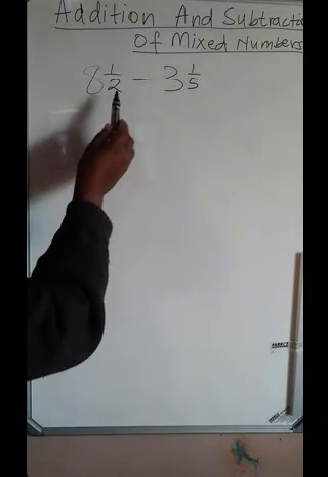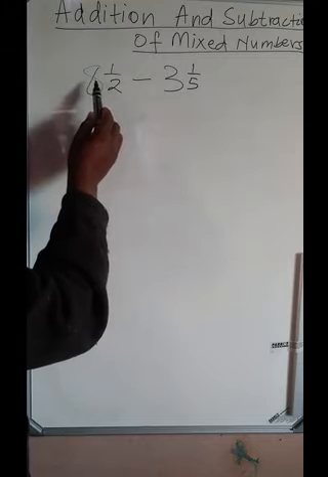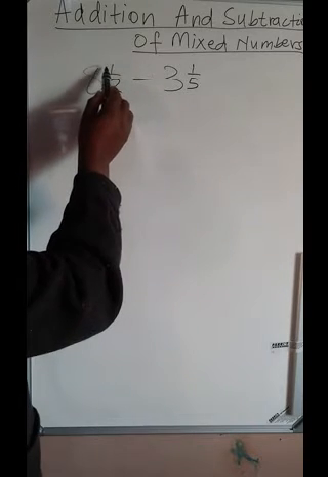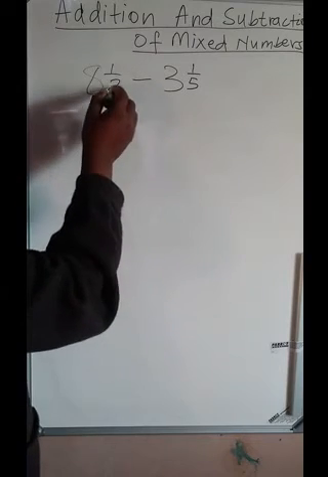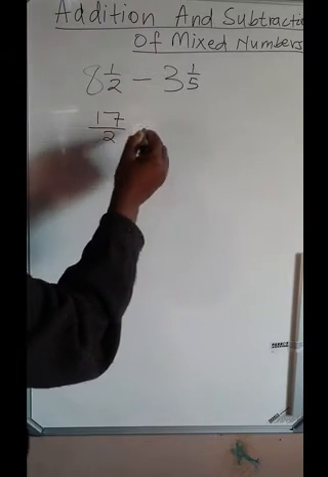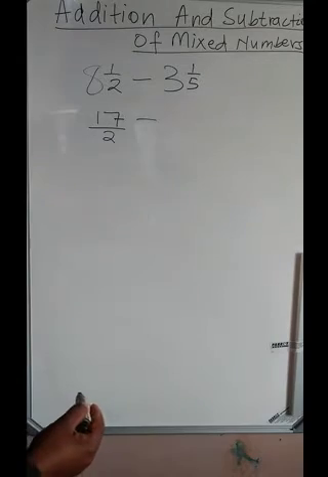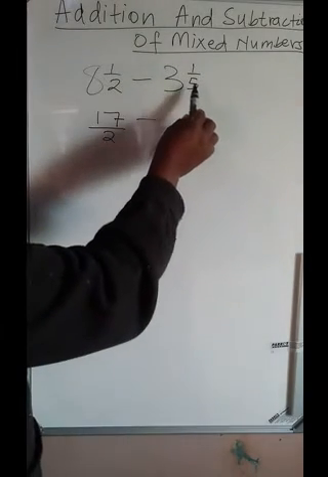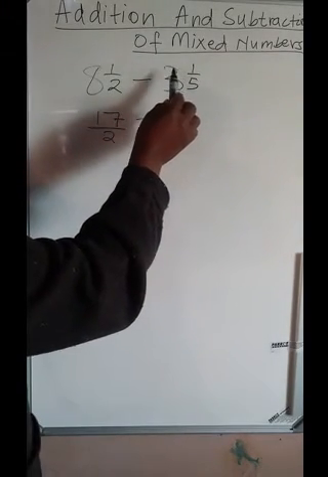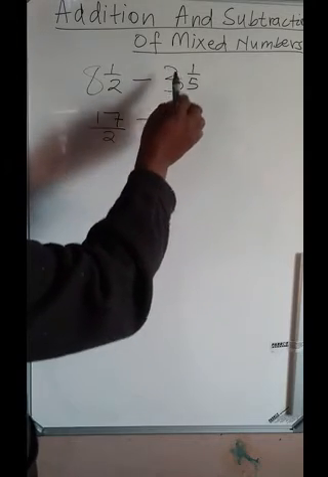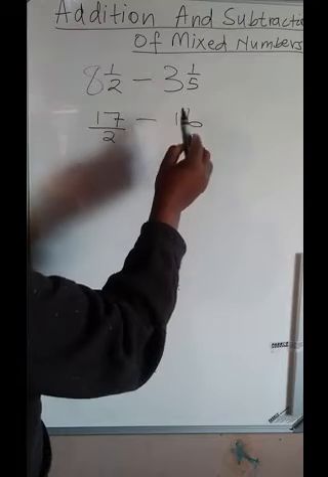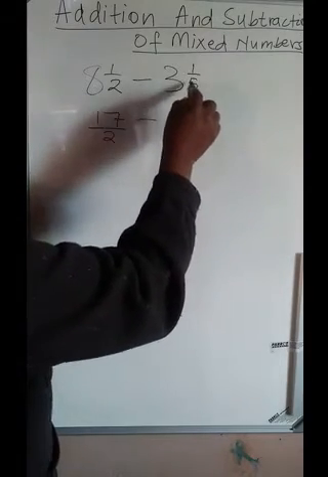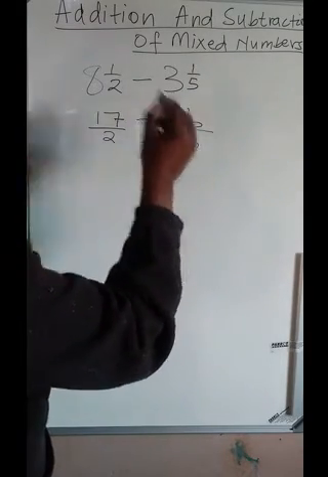So here we are going to say 2 multiplied by 8 is 16. 16 plus 1 is 17. So it's 17 over the denominator. The denominator is 2. On that side, 5 multiplied by 3 is 15. 15 plus 1 is 16. Everything is over the denominator, which is 5.